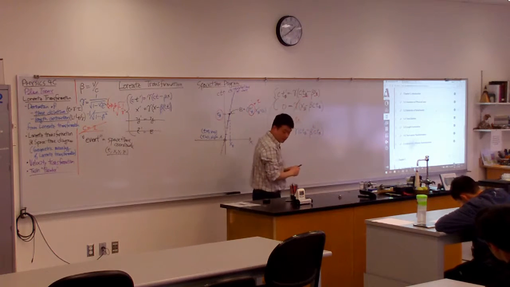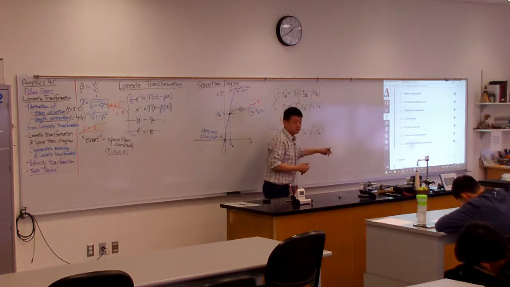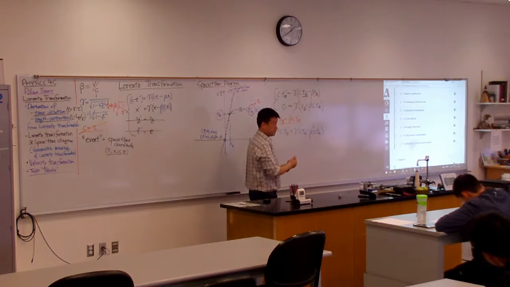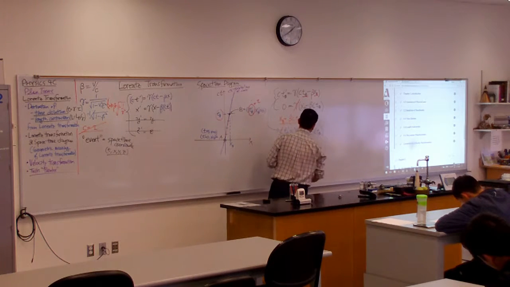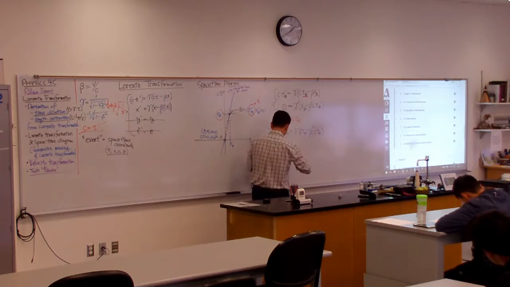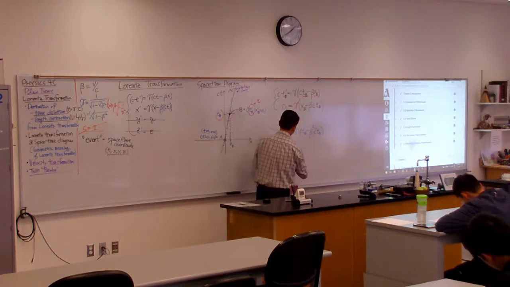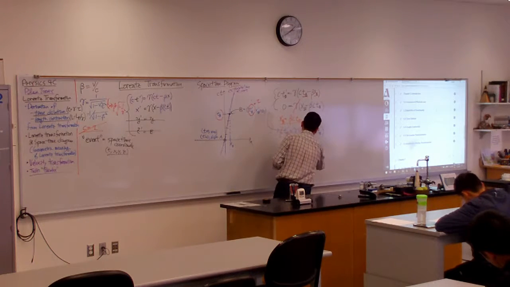All right, let me cancel. I think I have a c factor on every single term, right? So let me cancel that out. c is gone. I can factor out t b here, so let me do that. I have gamma times 1 minus beta squared times t b.